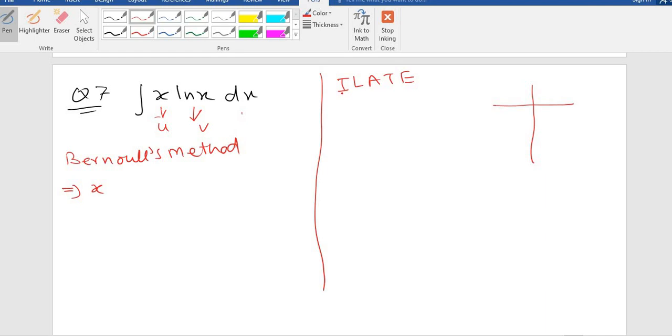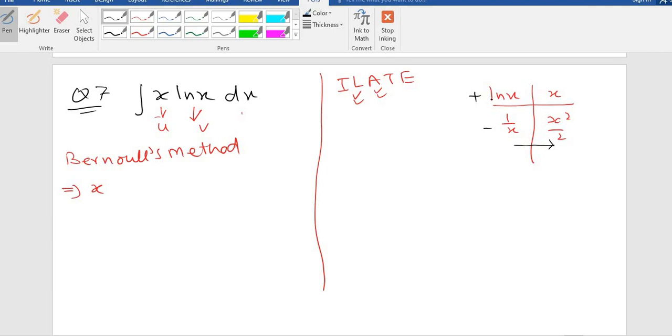A, L, I: inverse is not given, logarithmic term is given. So logarithmic means ln of x, and then algebra A. Now differentiation of ln of x means 1 by x, and integration of x means x square by 2. Now you have to stop and write the signs plus minus. And if this function and this function are the same, you have to integrate, multiply like that, and again integrate it.